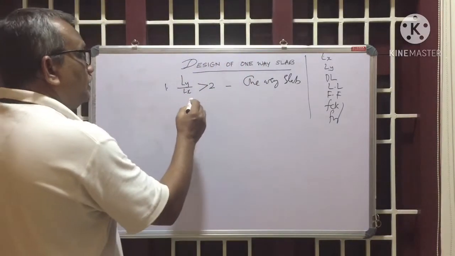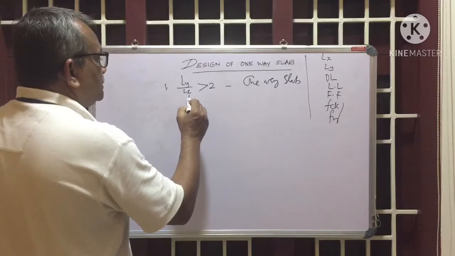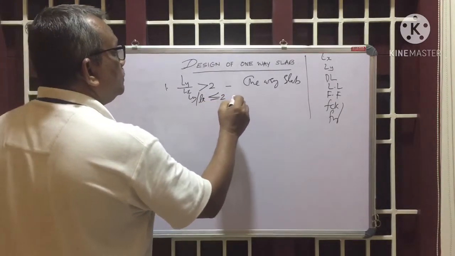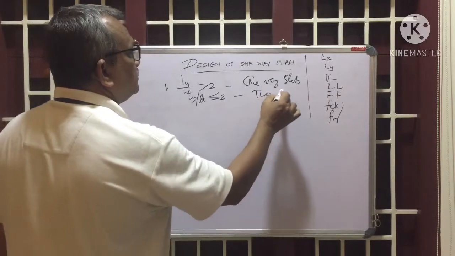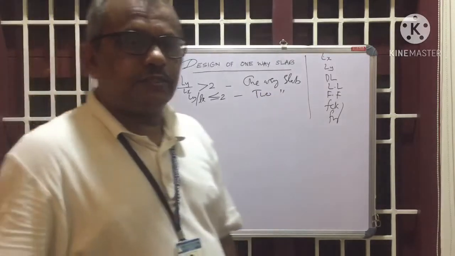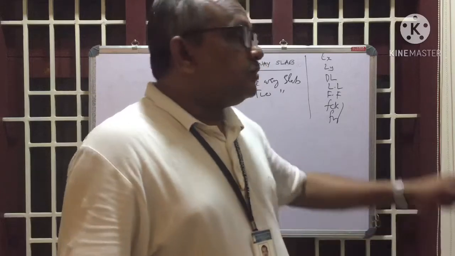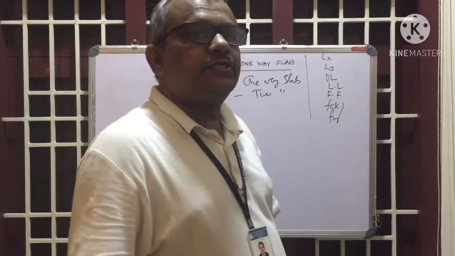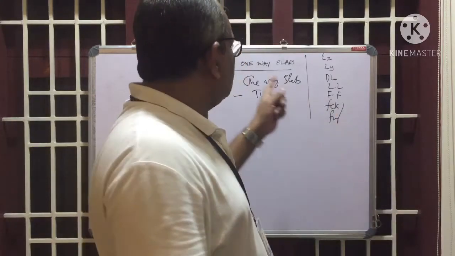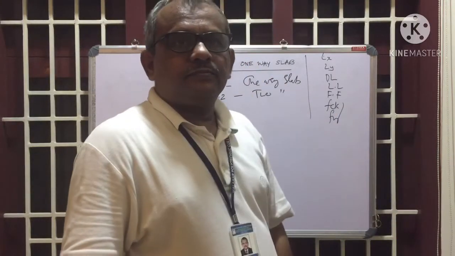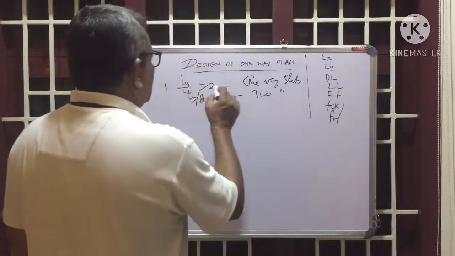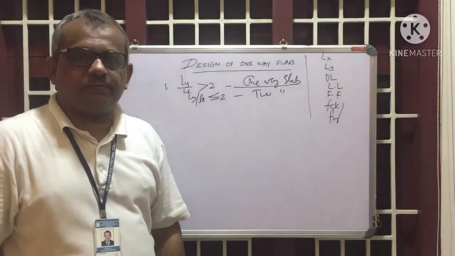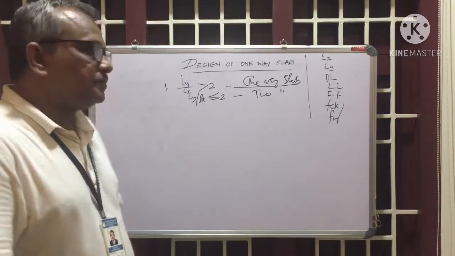Otherwise, if Ly by Lx is less than or equal to 2, then it is two-way slab. So from the given spans Lx and Ly, get the ratio and decide which slab it is, one-way or two-way. So first we consider one-way slab, that means the ratio greater than 2. That's the first step.